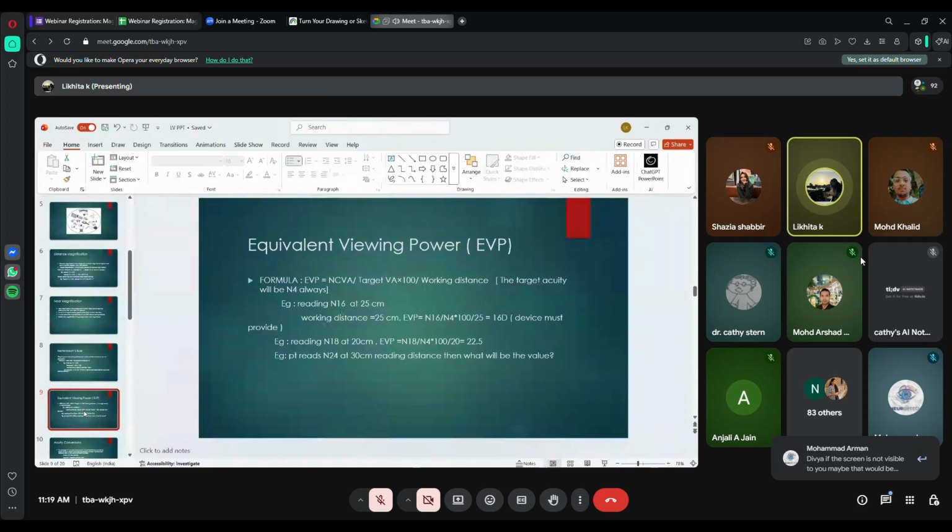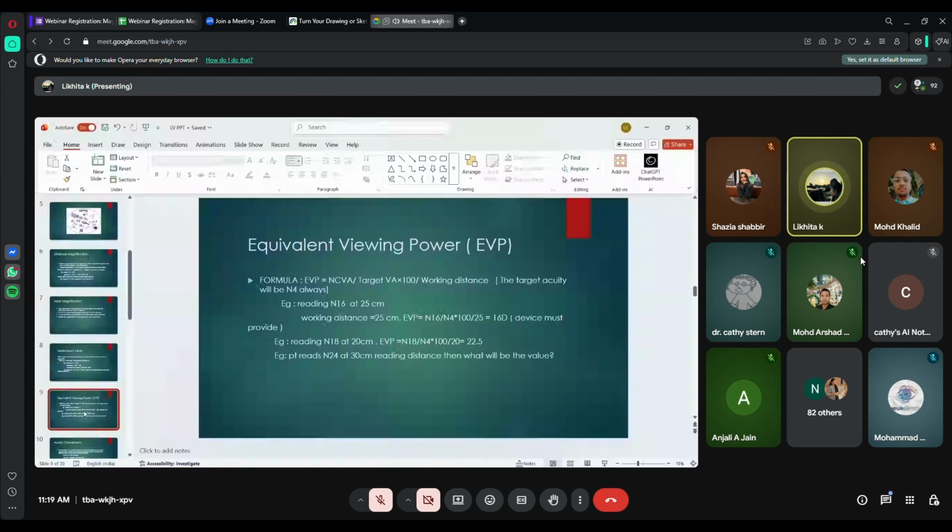So what is EVP? EVP, the equivalent viewing power, is a more functional and accurate method because it directly relates print size and the working distance. Working distance is the main thing which we use in near magnification calculations.